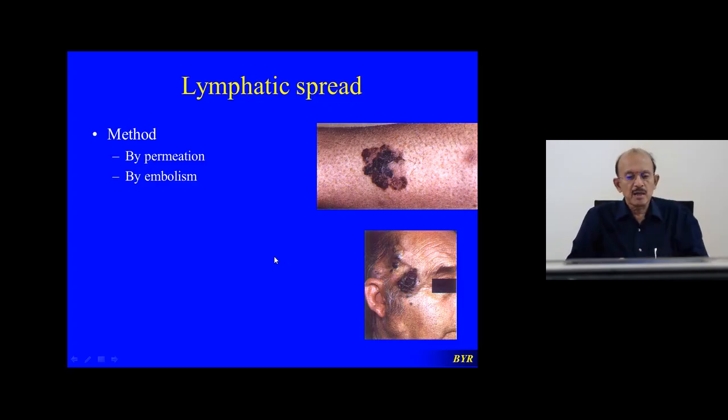What do you understand by spread by lymphatic permeation? Then what is lymphatic embolization? This is also only through lymph only. So what is the difference between permeation and embolization?